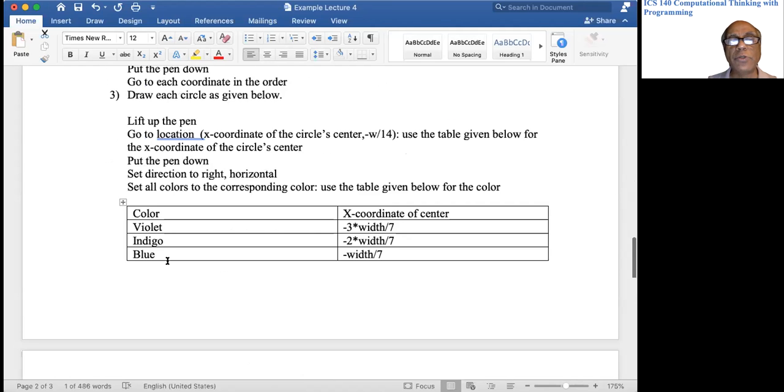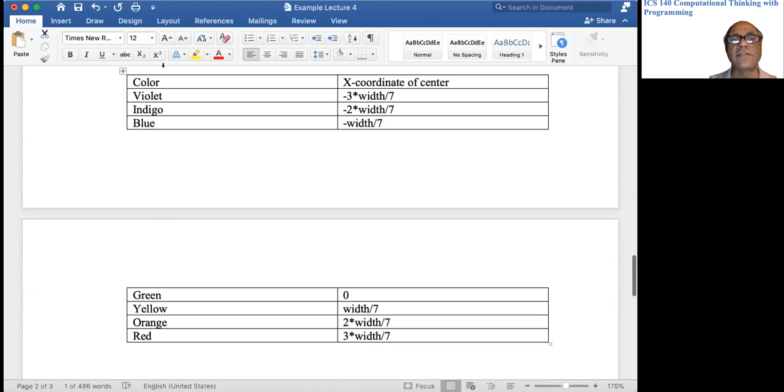So what I would do is create a table like this. I have to draw 7 circles. I would put the colors here, and Y coordinates are all going to be the same. It is only the X coordinate that changes. So I recognize that, exploit that regularity, and then simply write the X coordinate of the center for each one of these.